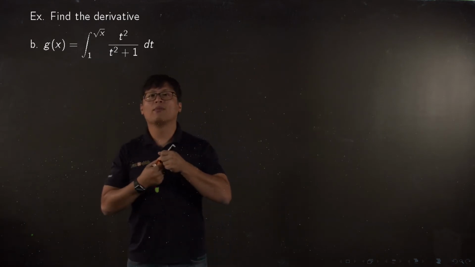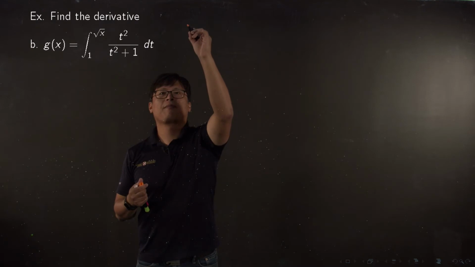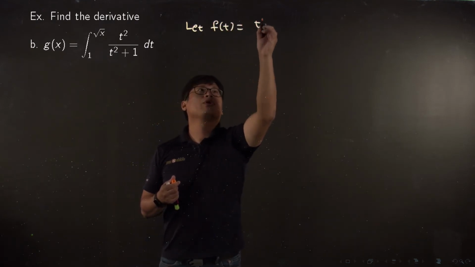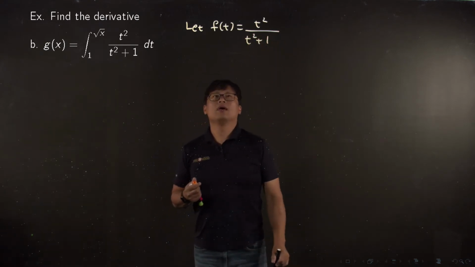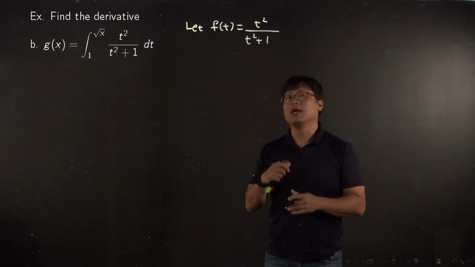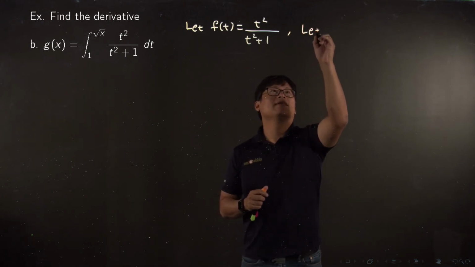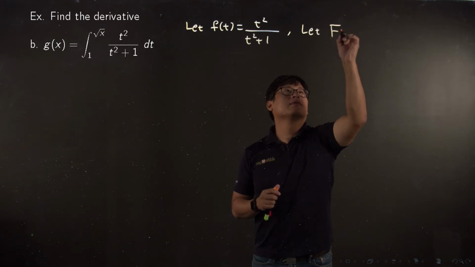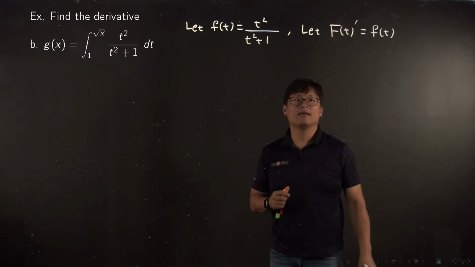Here we go. First of all, look at that. Let's say my function f of t is t squared over t squared plus 1. I don't want to ask you to find the antiderivative of this function, but let's assume there is one. Let me define capital F of t as the antiderivative.